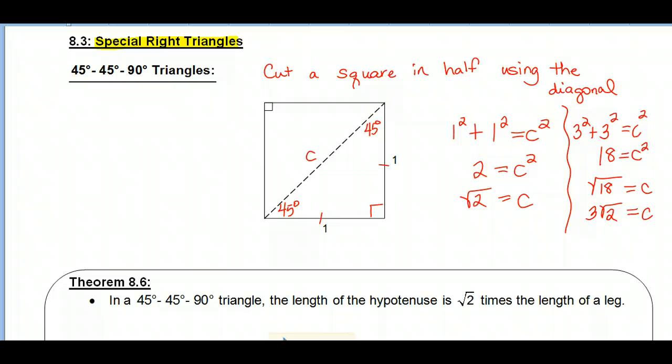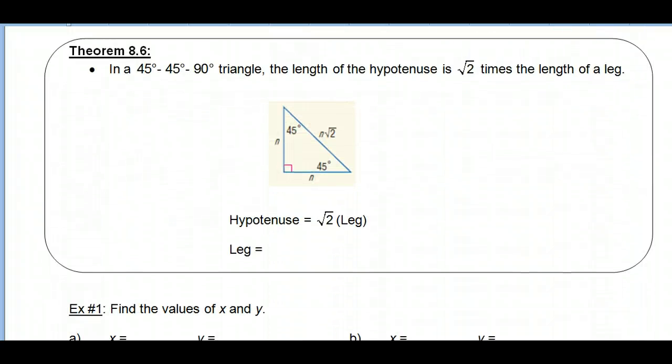If this is 10, 10, the hypotenuse would be 10 root 2. It's always going to be the side times the square root of 2, right? Right.